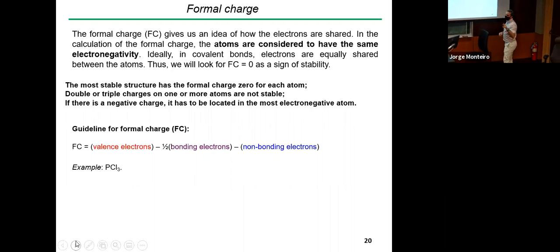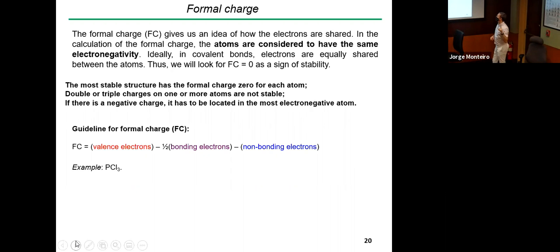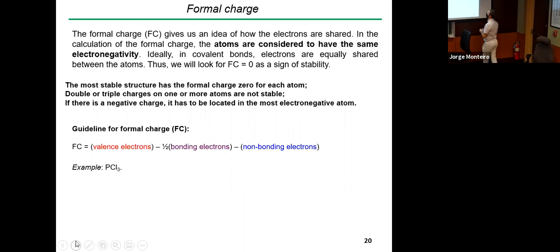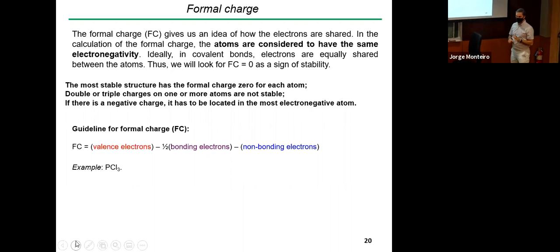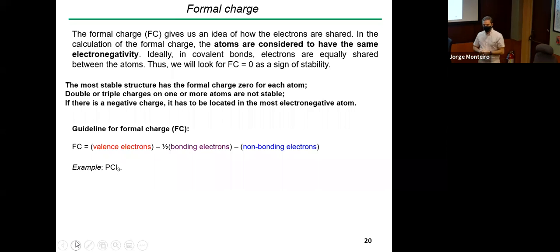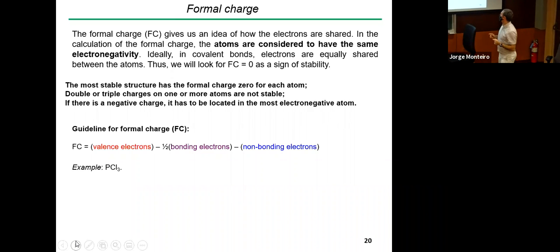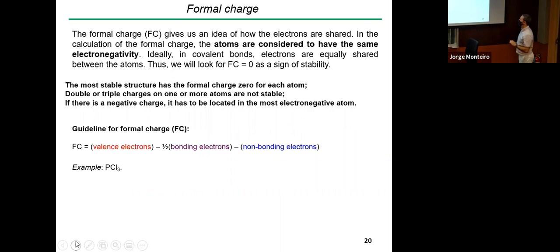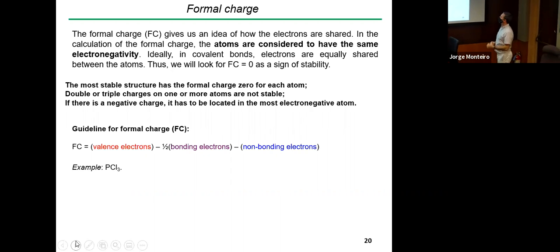Double or triple formal charges on one or more atoms are not stable. And if there is a negative formal charge, it has to be located on the most electronegative atom.